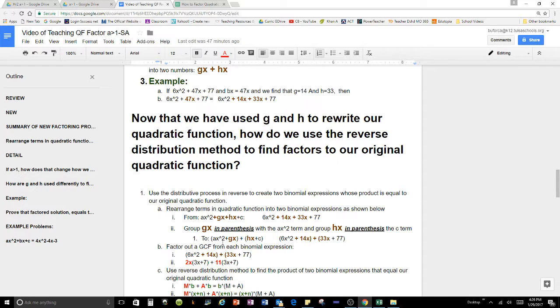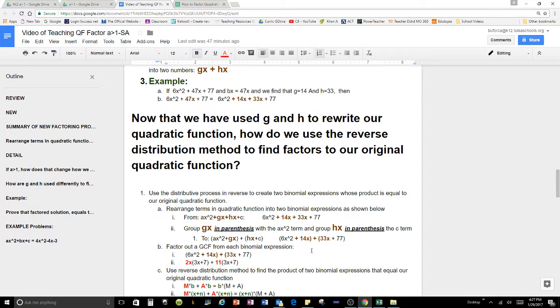The gx term, 14x, gets grouped with the x squared term, 6x squared. The hx term, remember h equals 33, so 33x is grouped with the c term, and here c is 77. Okay?